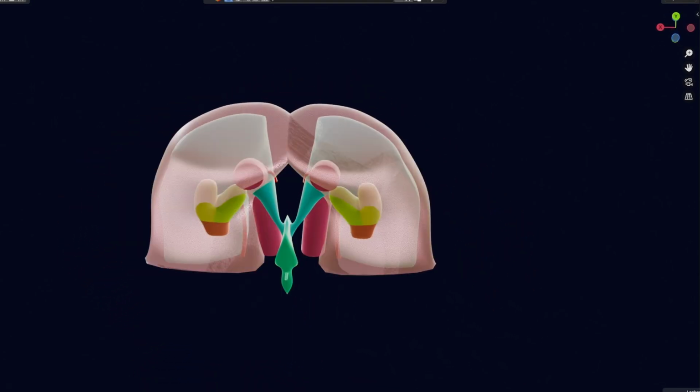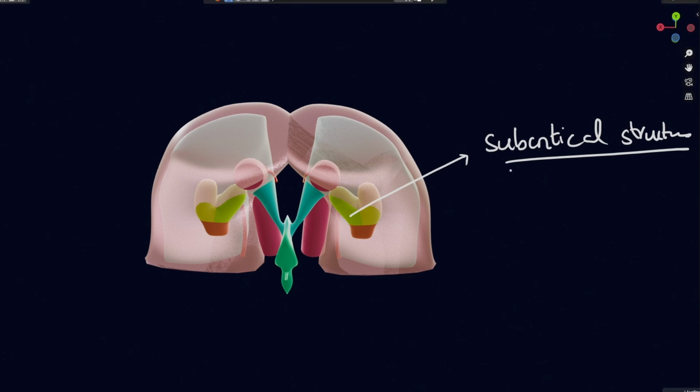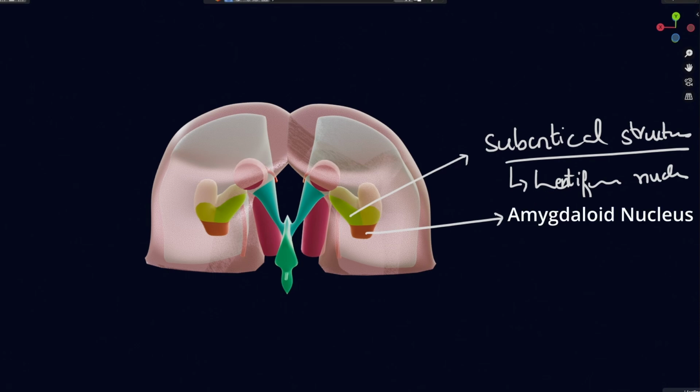We will also discuss later in detail what happens from the ganglionic eminences: subcortical structures will develop, for example, the lentiform nucleus, and especially from the caudal ganglionic eminence, the amygdaloid nucleus will develop.